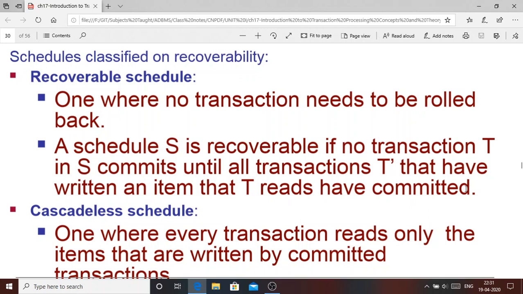That means only when the changes done by the earlier transaction T are confirmed will a later transaction that reads that data item be allowed to read it, that is, only when T commits and finalizes its change. A schedule where this protocol is followed is a recoverable schedule.